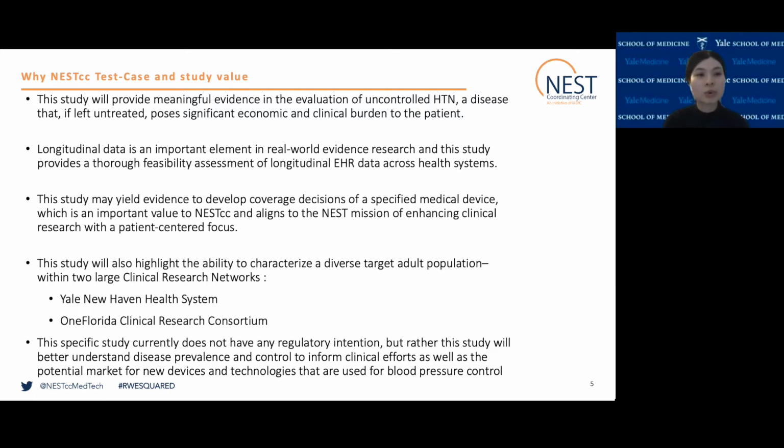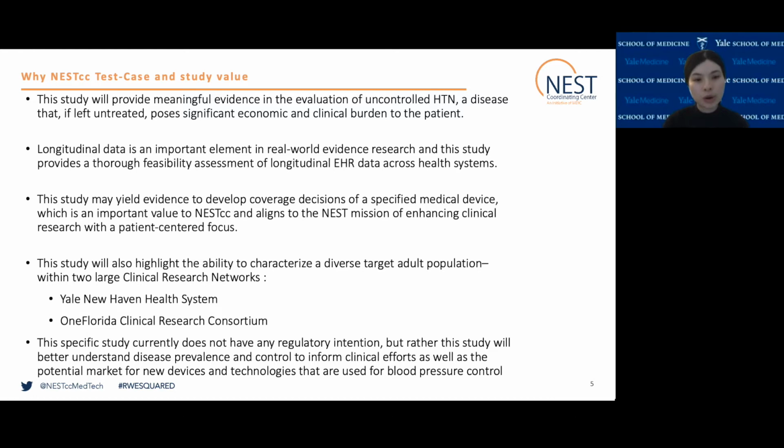And this is an important value to NEST and aligns with the NEST mission to enhance clinical research with the patient-centered focus. Lastly, the study will also highlight the ability to characterize a diverse target adult population in two clinical research networks, including the Yale New Haven Health System and the One Florida Clinical Research Consortium.